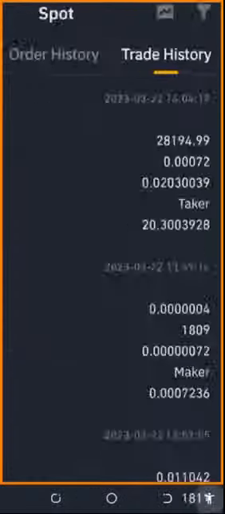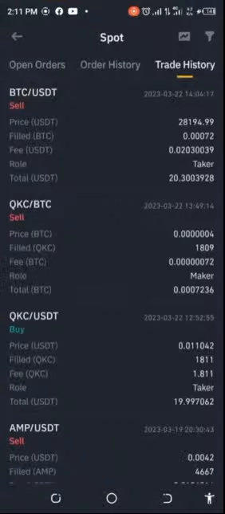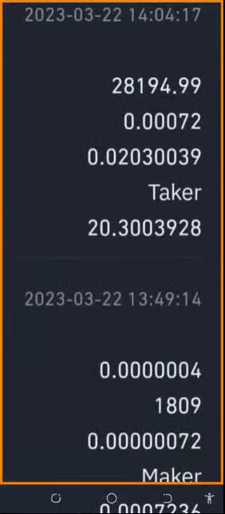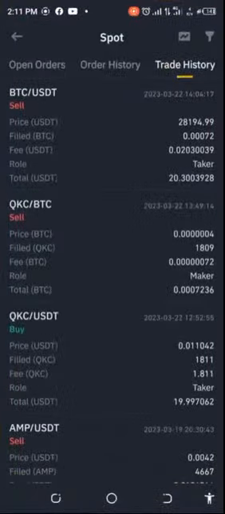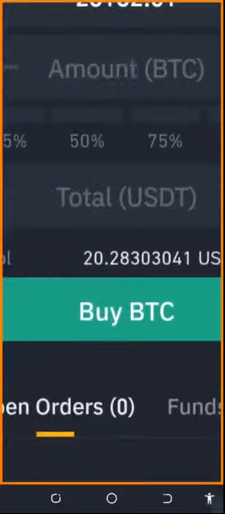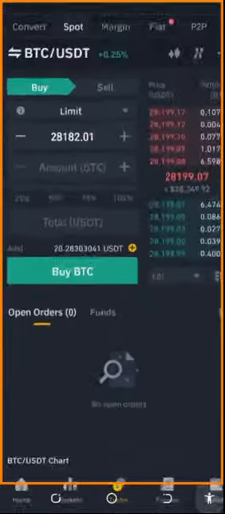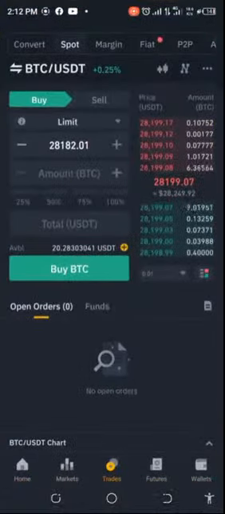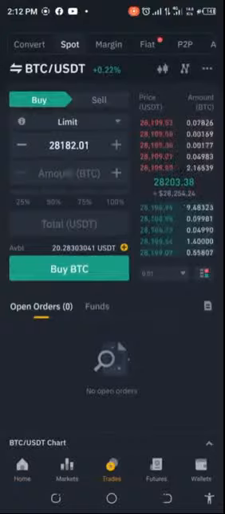That's the reason why. The total USDT plus the fee was 20.30, but when they took out their 2 cents, that's why what we have here is 20.28. So just remember that the fees were taken out. Initially, BTC USDT didn't attract any fees, but now the fees are back.